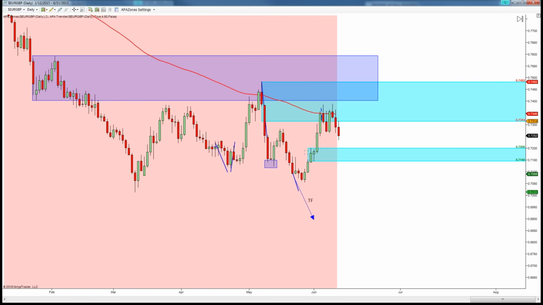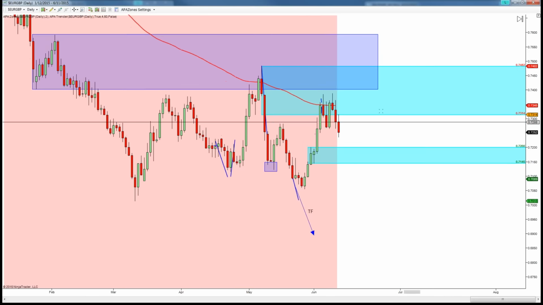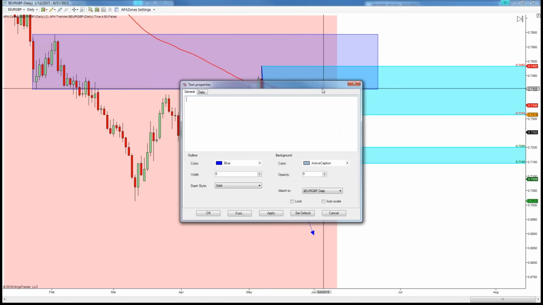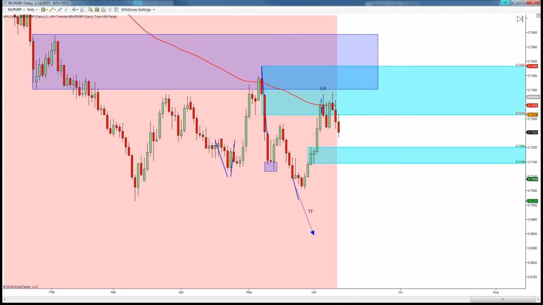signal that short. Okay. Now something's happening here off of this aqua zone, and right where price is meeting the trender. All right. So I think that's very interesting. And what this signifies in price action terms is a lower high. Okay. So I think that is interesting as well.